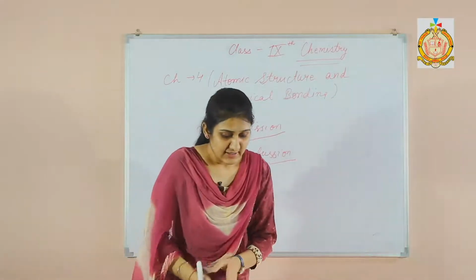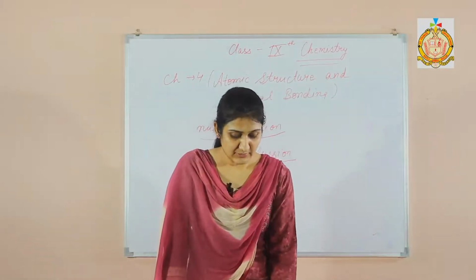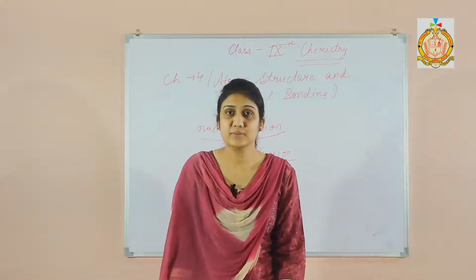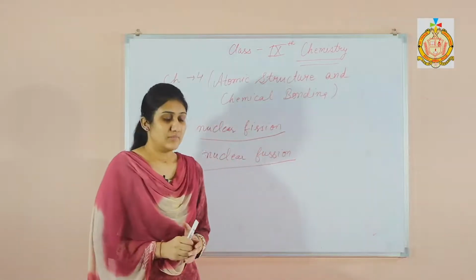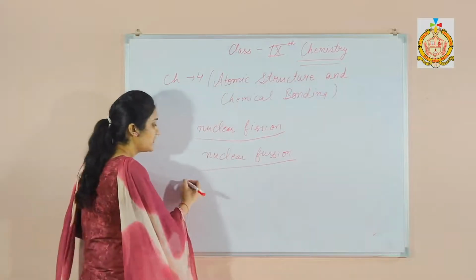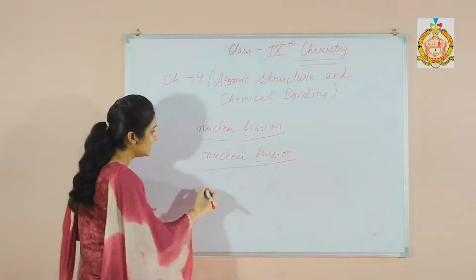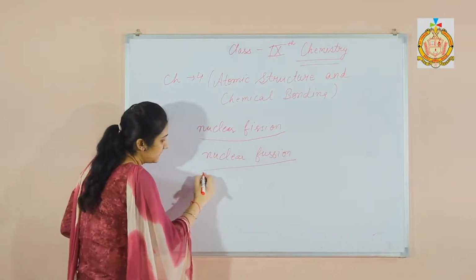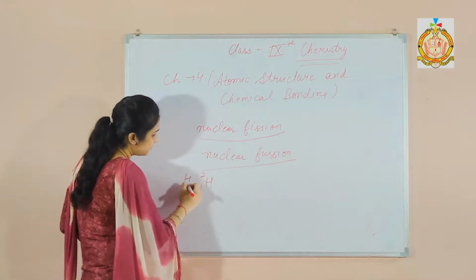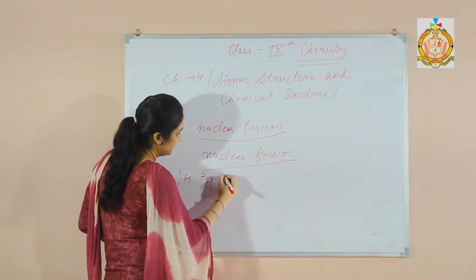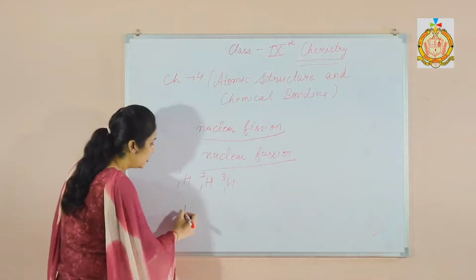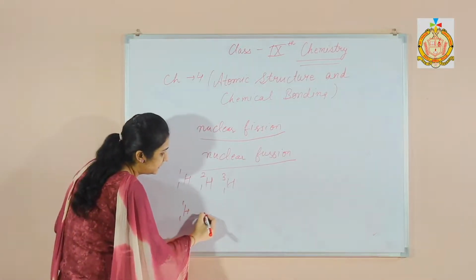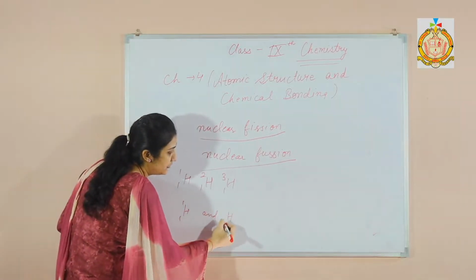Next point is that the atoms of an element are alike in all respects, but they differ from the atoms of other elements. But the atoms of the same element can differ, as hydrogen has 3 isotopes: protium, deuterium and tritium. So the atom of protium would be different from the atom of deuterium.